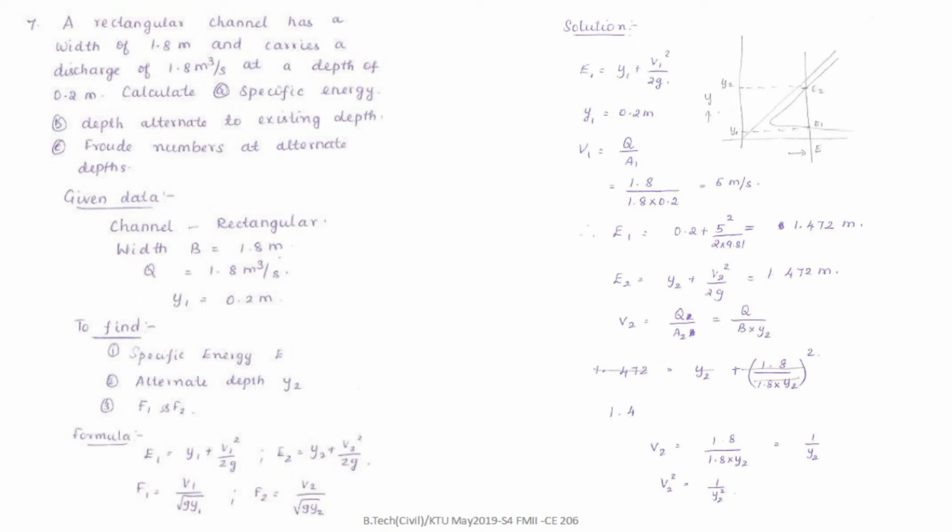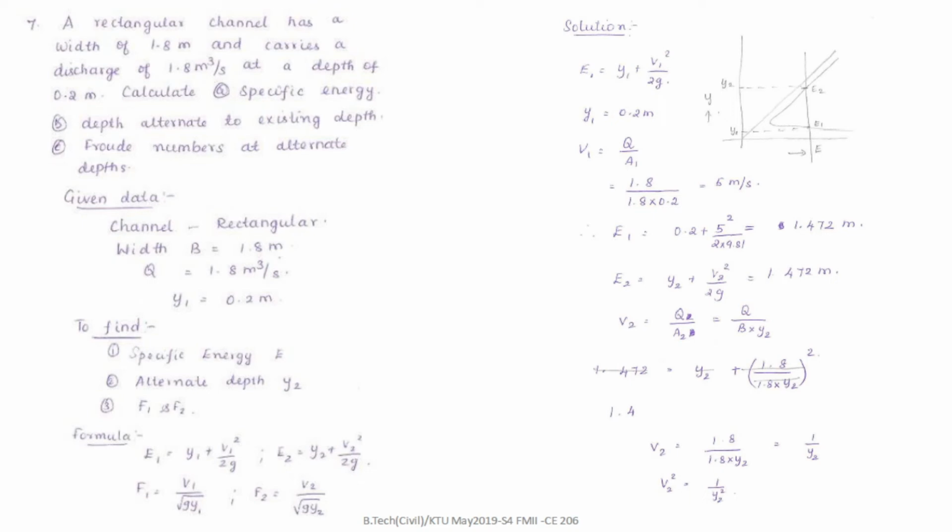Here y represents the potential head and V square divided by 2g represents the kinetic head. The Froude number formulas are F1 is equal to V1 divided by root of g y1 and F2 is equal to V2 divided by root of g y2. Perfect. Now we are going to solve the problem using these formulas.